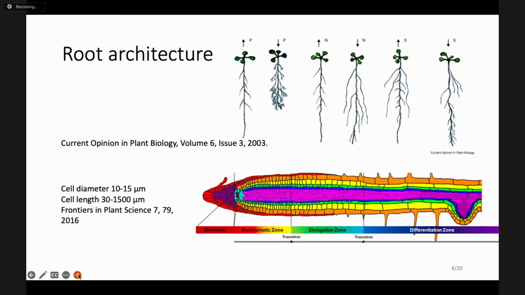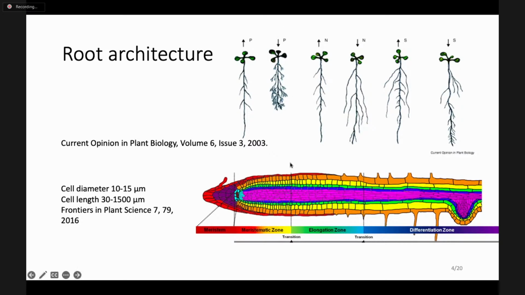It's important to see that there are different ways these plants evolve depending on different growth conditions. I just put this as an example for you to have an idea of how different things can go. Also, this is Arabidopsis roots. Specifically, I'm showing these ones as an example because this is what we have been dealing with.